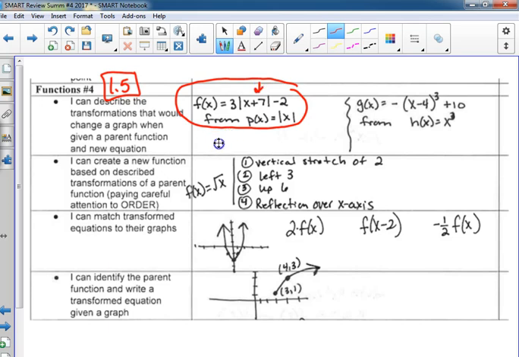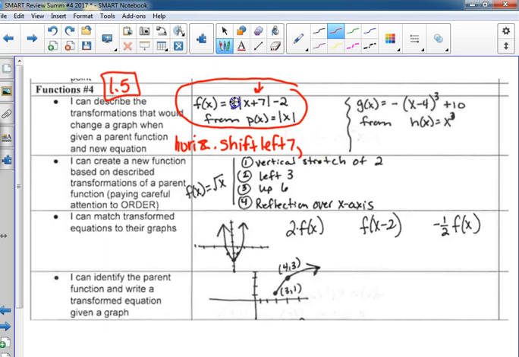Start in here. That's going to be what? Okay, I'm going to be picky here, but I'm actually not going to be picky when I grade it. It is a horizontal shift left 7. I would prefer you said shift left 7 as opposed to just left 7, but okay.